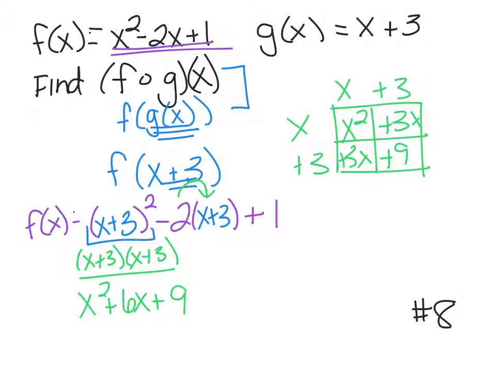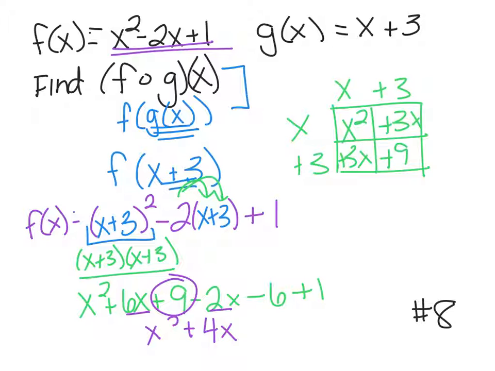I can distribute negative 2x. Negative 2 times 3 is negative 6 plus 1. So my final answer, I'm going to combine like terms. I have x squared minus 4x plus 4x, because 6 minus 2.